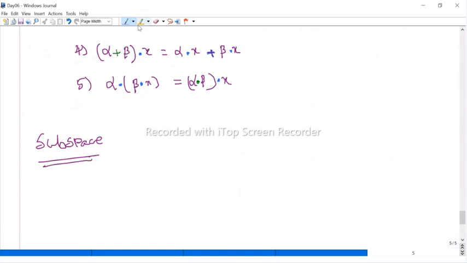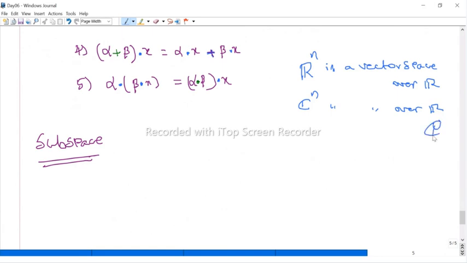Okay, so examples of vector space, maybe if you take Rn, generally if you take any n, Rn is a vector space over the field R. Again, if you take complex numbers Cn, a Cartesian product, this is also a vector space over R as well as over C. Over rational numbers also we can see.